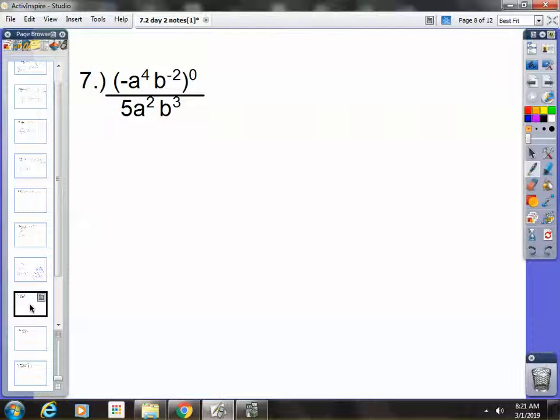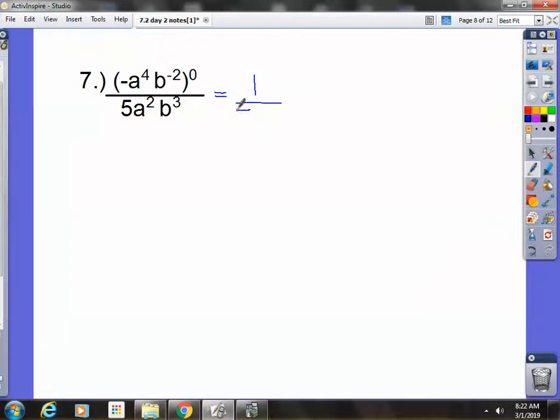So if the entire numerator is to the 0 power, what's that entire numerator going to become? Just 1. Is there anything else I need to do to simplify? I don't have any negative exponents, no additional a's or b's, no coefficients to simplify. That's it for that problem.